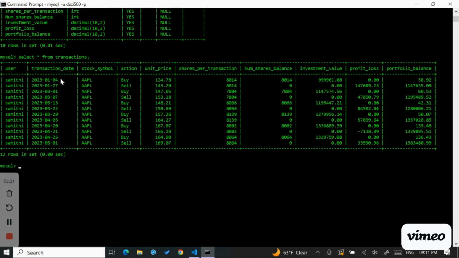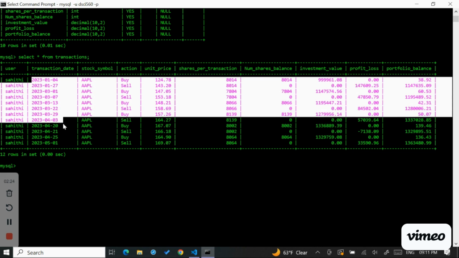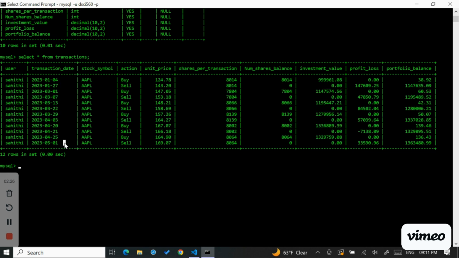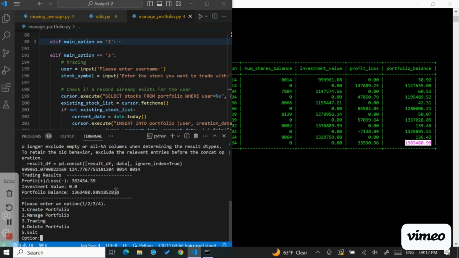Here we can see that only these dates from the 4 months were selected by our hybrid model to do the actions of buying and selling. And you can see that the portfolio balance has been changing. As we buy the stocks, it's being reduced, and as we sell and gain some profit, we are having an increment in the balance. And this is our final balance, which is also printed here by our Python script.